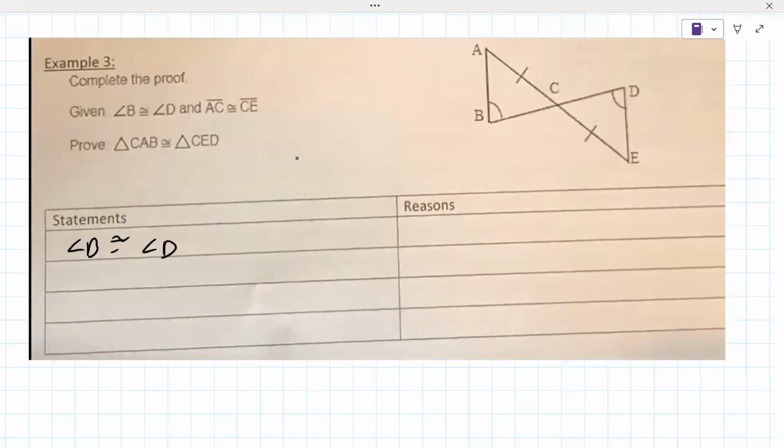And let's for a moment presume that they're both in... I'm not sure. So we'll just do that. Given. All right. And they're already labeled in there. Now, the reason they're using a single letter is because there's no confusion. B can only refer to this angle, D can only refer to this angle.